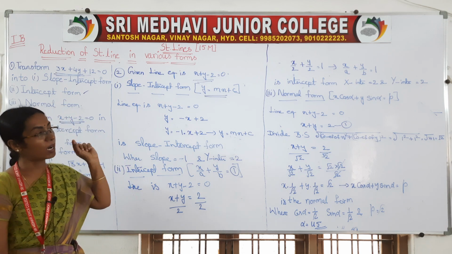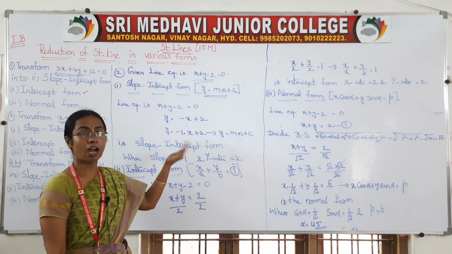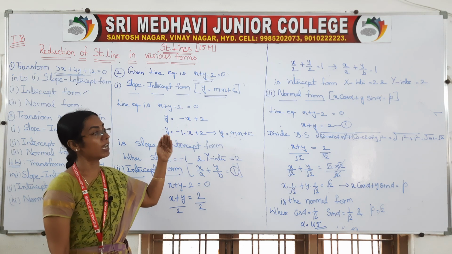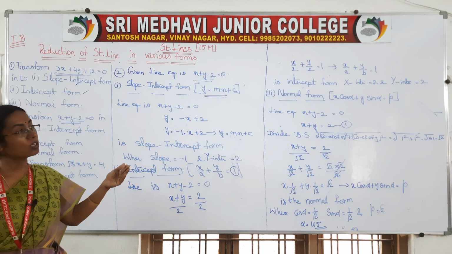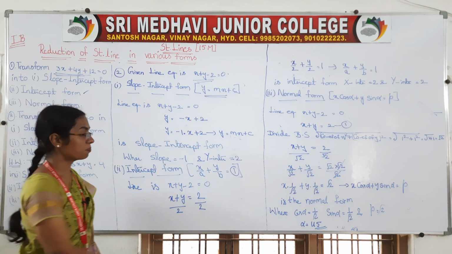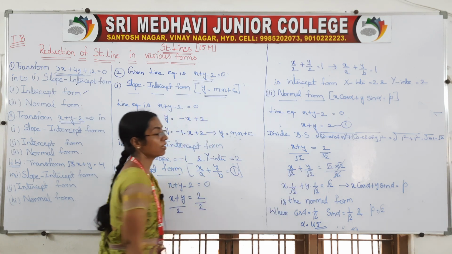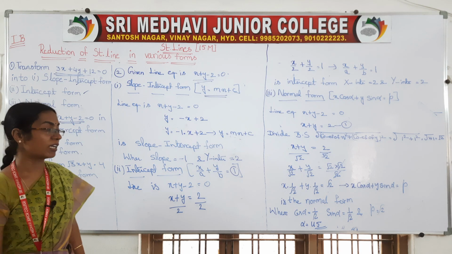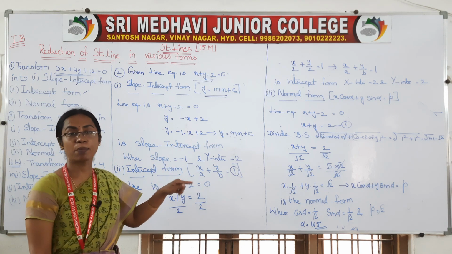And normal form, at the end we have to convert the given line into which form? x into some constant plus y into some constant is equal to a positive value. So observe, at the end you got x into some value, y into some value is equal to a positive value. And we got cos alpha, sin alpha values 1 by root 2.